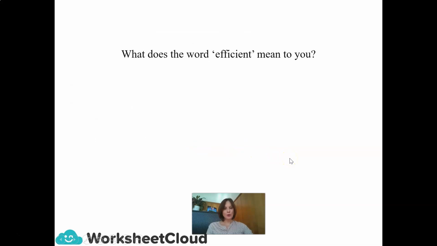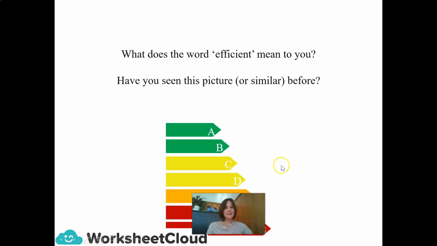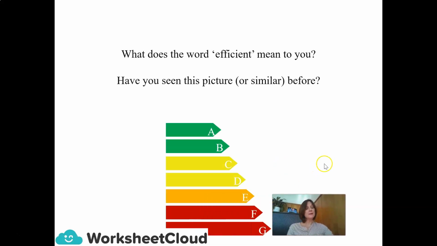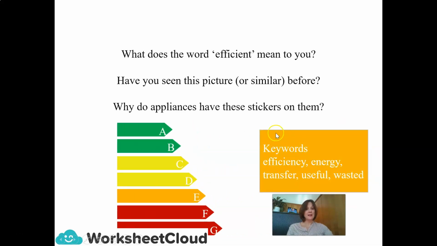So, what does the word efficient mean to you? Have you seen this picture or a similar one before? You generally see it when your mom and dad are out looking for new appliances for the home. This kind of sticker comes on appliances.